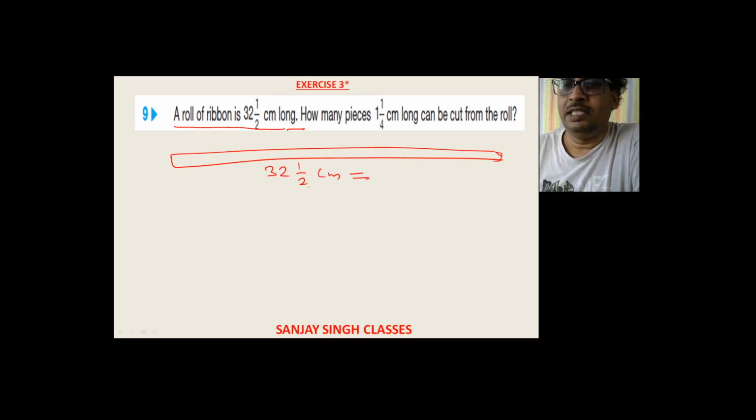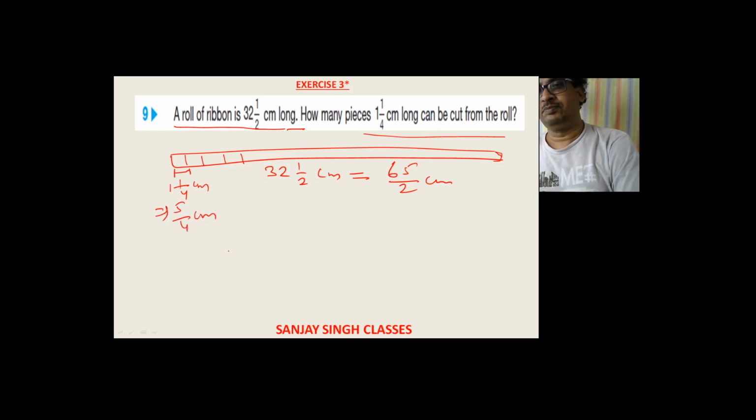So 32.5 centimeter will be 32 into 2, so 64, 64 plus 1, 65 by 2 centimeter long. How many pieces 1 1 by 4 centimeter long can be cut from the roll? So you can say it is cut into several pieces, and each one has a length of 1 1 by 4 centimeter, which is equal to 4 1s are 4, 1 is 5, 5 by 4 centimeter.